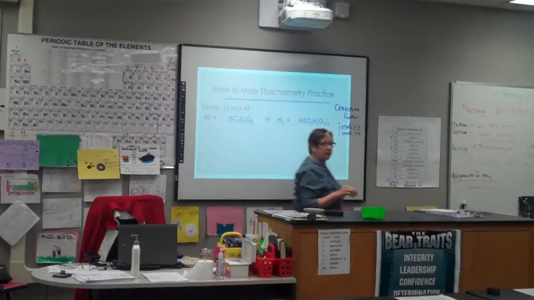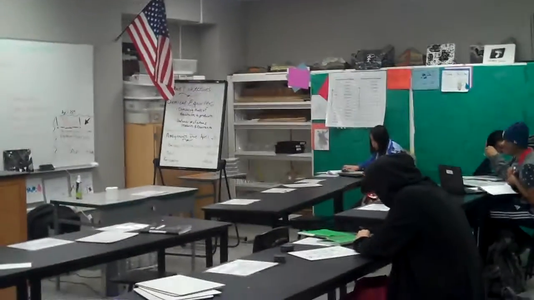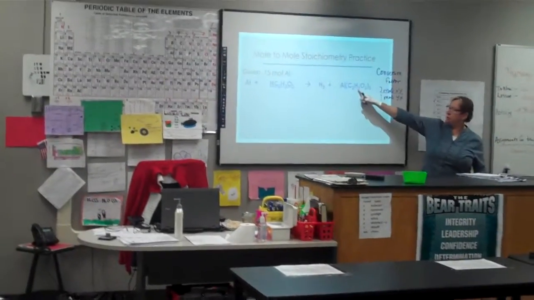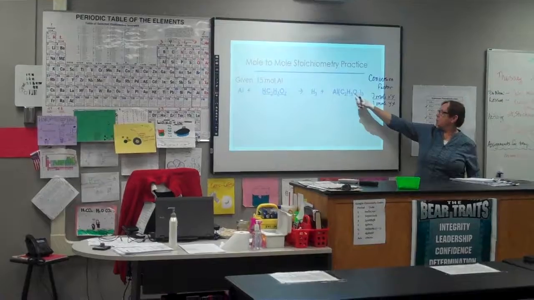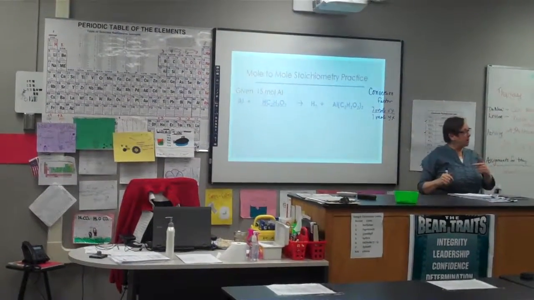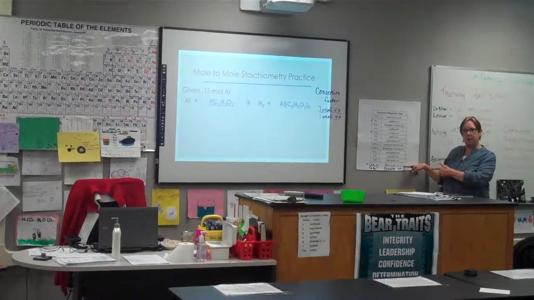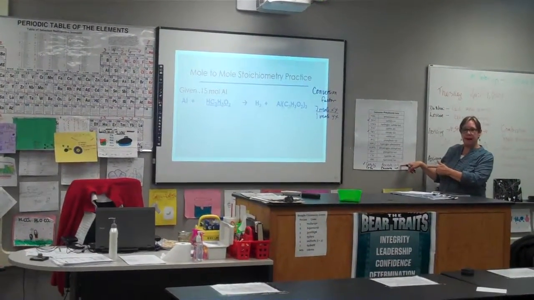Okay, so you guys, let me point out something on this one. This C2H3O2, see how it's in parentheses? That's one of our polyatomics. It's not a very common one, we haven't used it much, but it's an acetate ion.